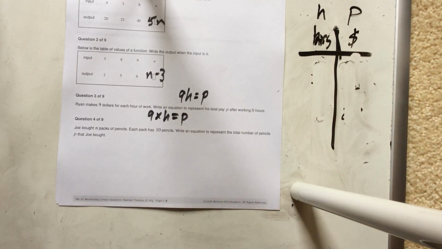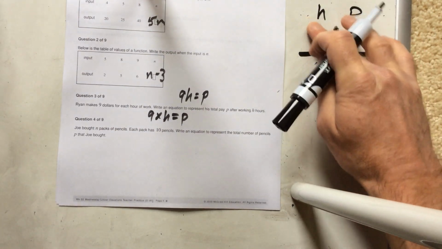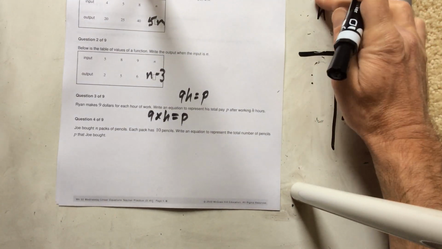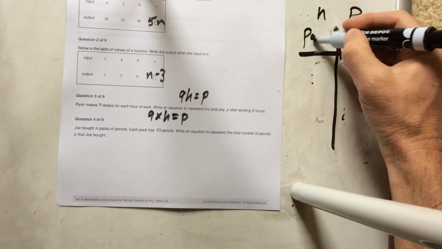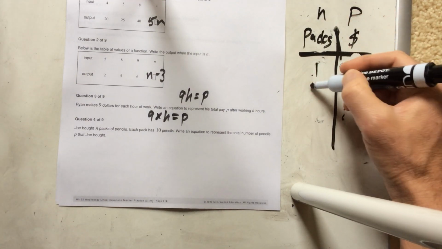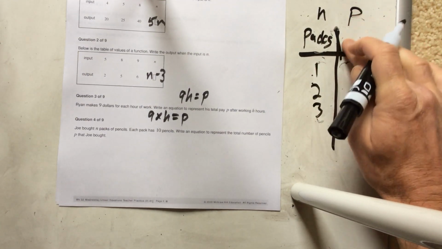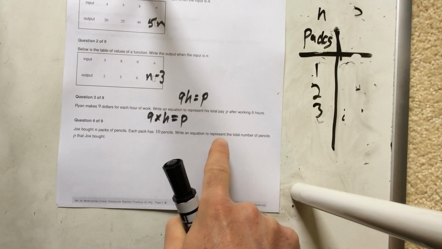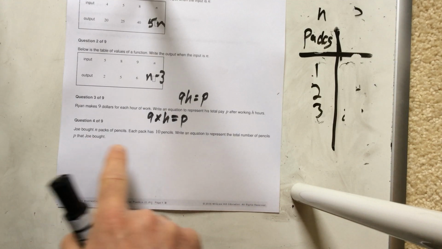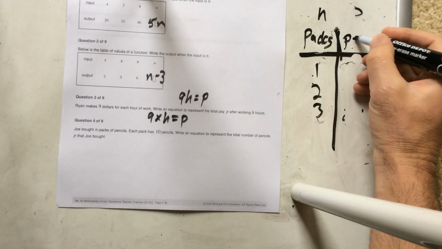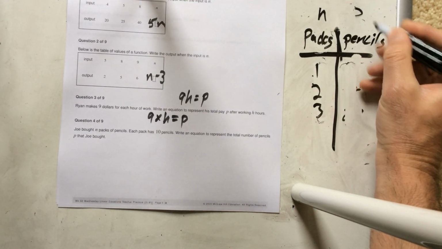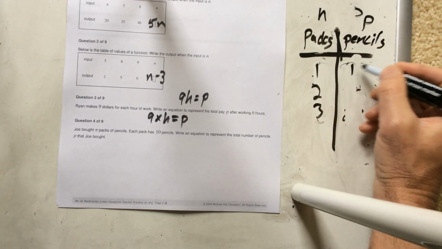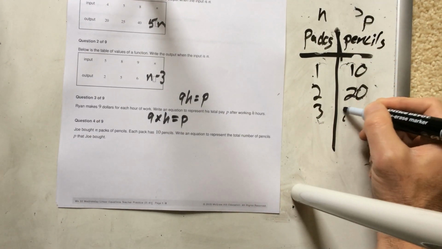Question 4. Joe bought n packs of pencils. So over here we have n packs of pencils. So we could try 1, 2, 3. Each pack has 10 pencils. Write an equation to represent the total number of pencils, P, that Joe bought. Okay, so over here we have pencils, which is P. 1 pack, 10 pencils. 2 packs, 20. 3 packs, 30.